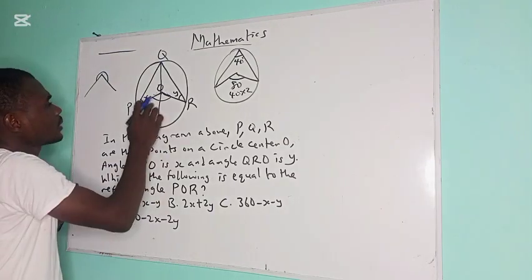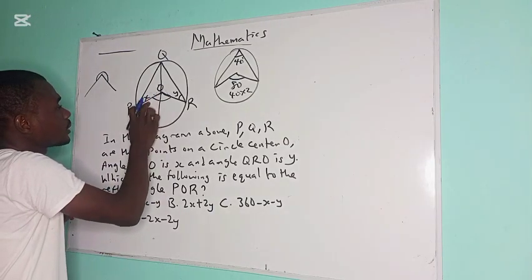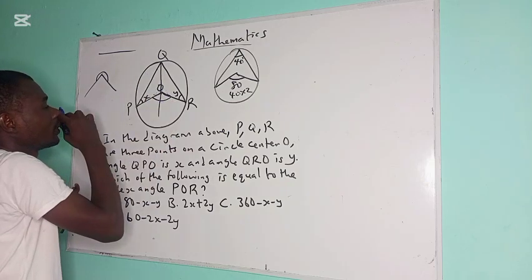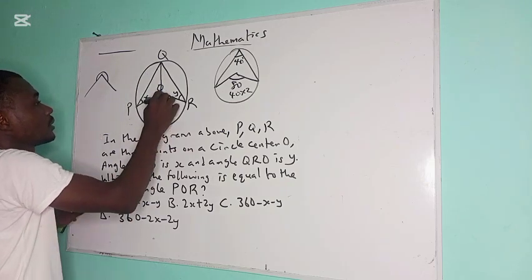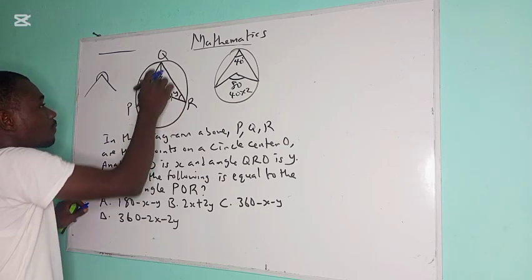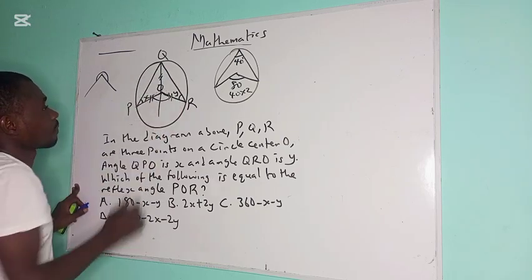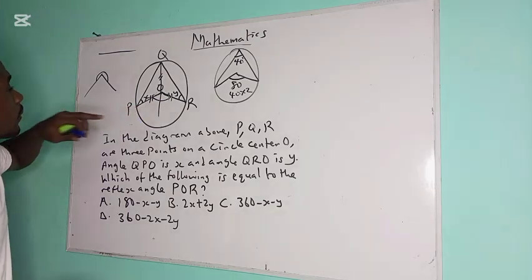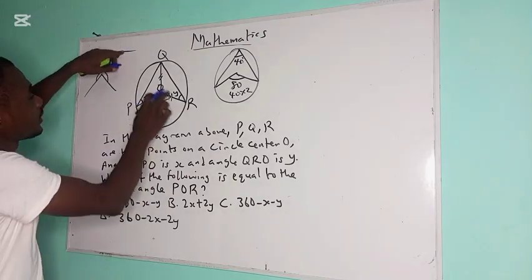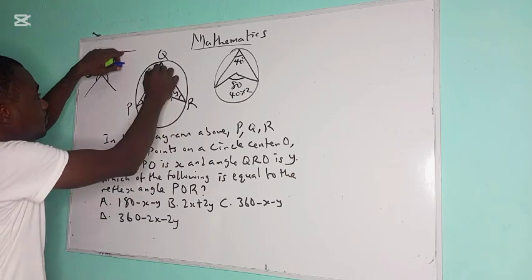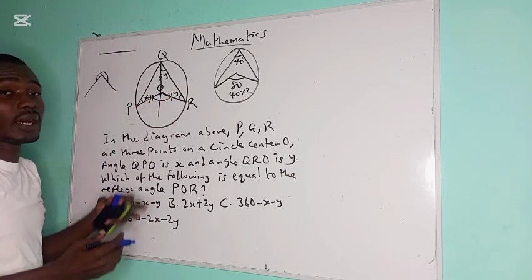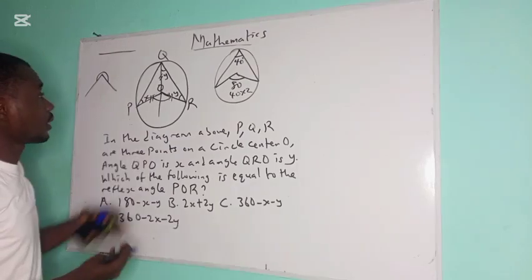Now you can see that this is equal to this, and this is equal to this. So this side is equal to this side. That means if this place is y, this place will be y, by virtue of the base angles of an isosceles triangle.